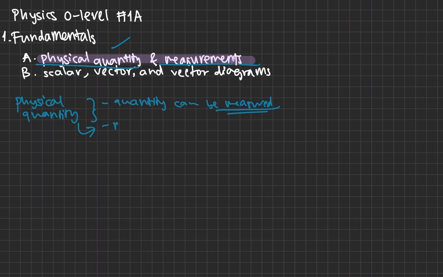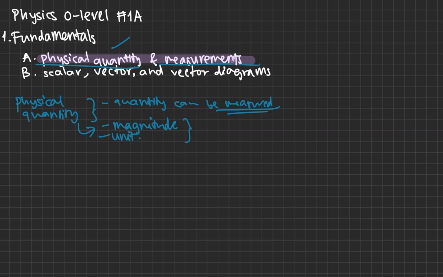It must have a magnitude, and it also must have a unit. Both of these things are essential to be a physical quantity. If there is no magnitude, then it is not a physical quantity. If it has no unit, then it is not a physical quantity. It must have both of them.